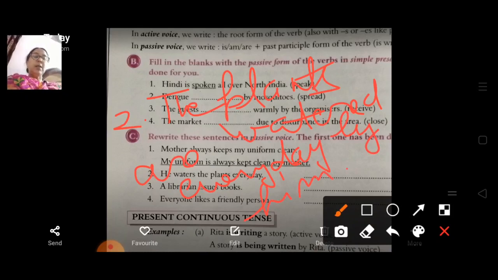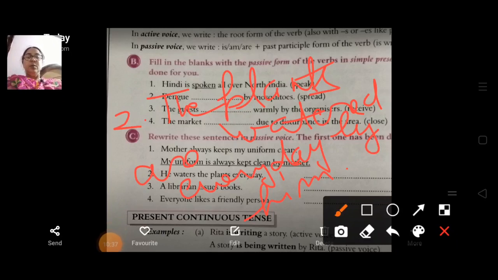The plants are watered every day by him. So write down all of you. He waters the plants every day, and we are going to write in passive voice, the plants are watered every day by him.